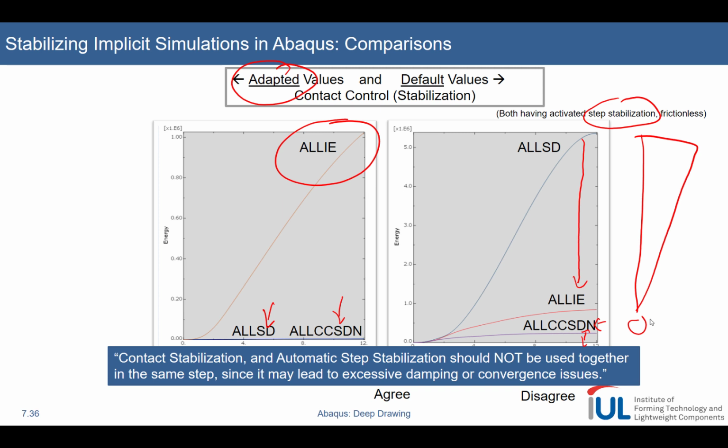So using implicit simulation as a verification, let's say for explicit simulations, is no longer a good idea once these artificial energies exceed a certain fraction.